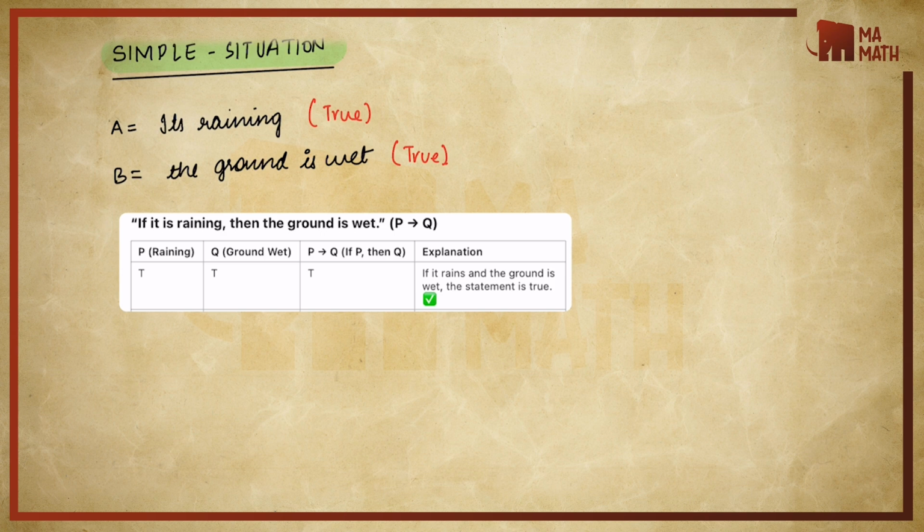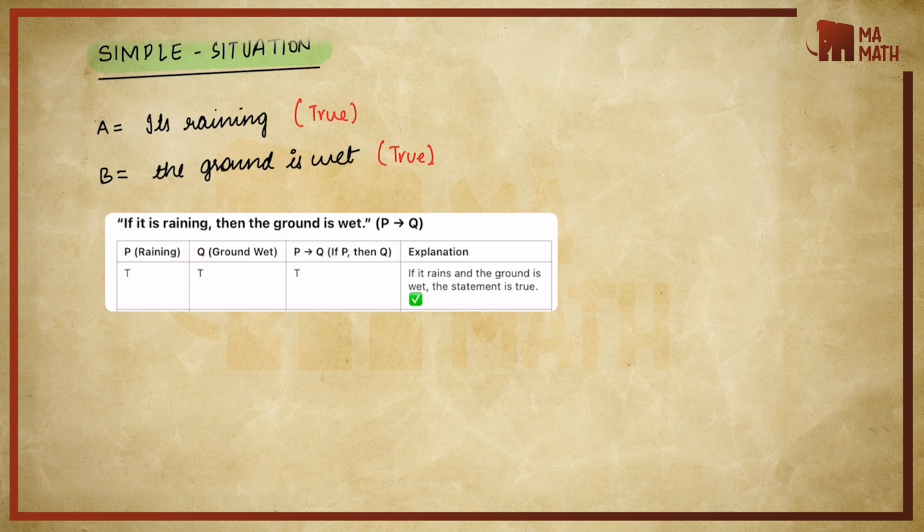Both are true, both are happening. So if I create a statement, if it is raining, then the ground is wet, obviously it's going to be true. So this is true, this is true, this is also true.